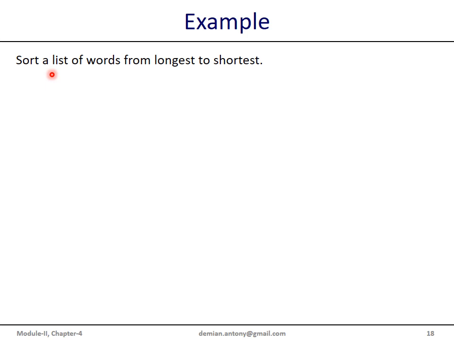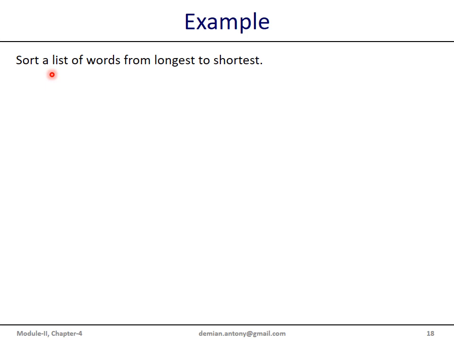And once we have a list of words, we create one more list of tuples having the length of the word as well as the word itself. And once we have the list of tuples with the word length and the word, we can sort this list of tuples in the descending order of the word length as well as the word itself.